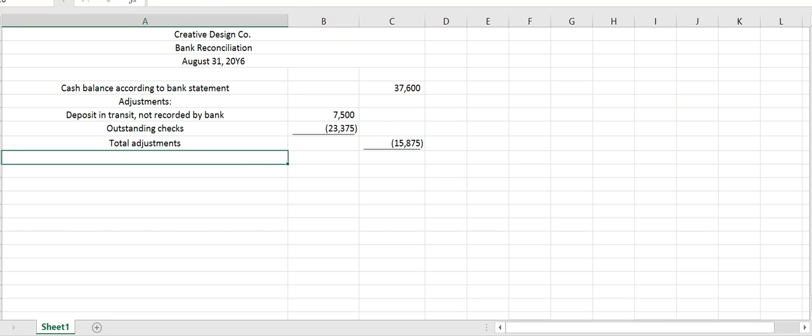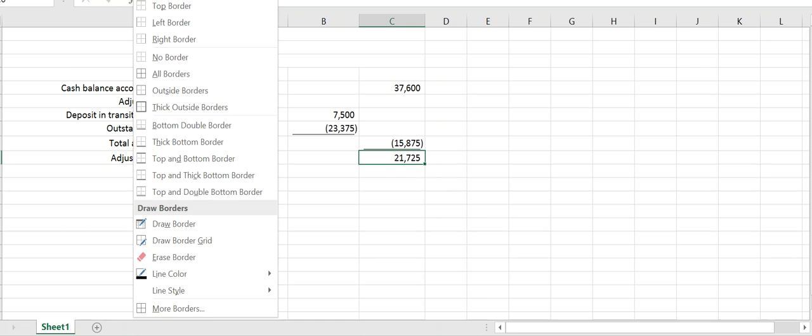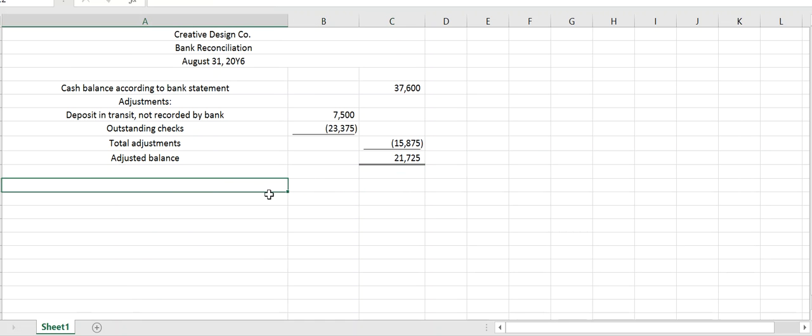So that gets us our adjusted balance. So our adjusted bank statement balance then is $21,725. And we are going to double underline that because we're not going to do anything else to that number. We have adjusted it as much as we're going to adjust it in terms of the bank statement balance.